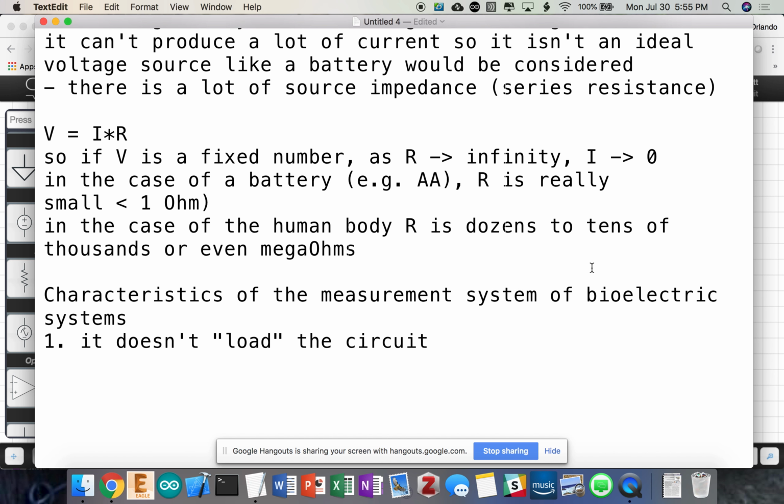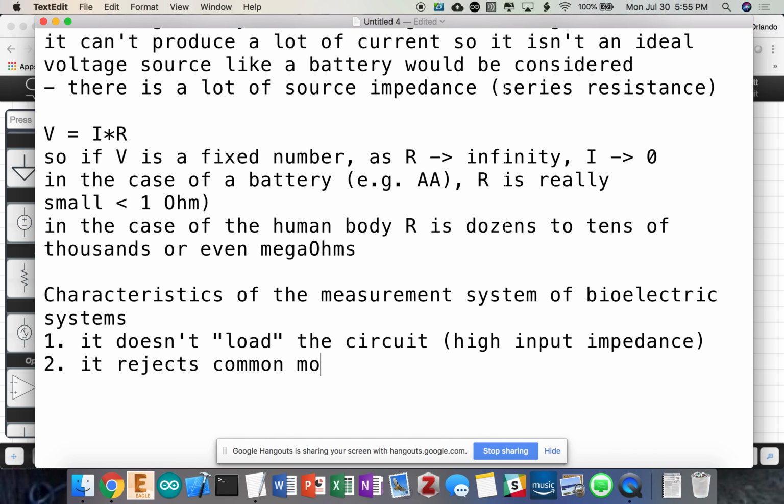So I'm debating how much detail I'm going to go into. So hold that thought. It doesn't load the circuit. So high input impedance. There's another thing. It rejects common mode noise.